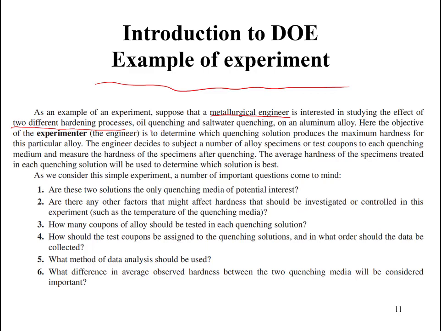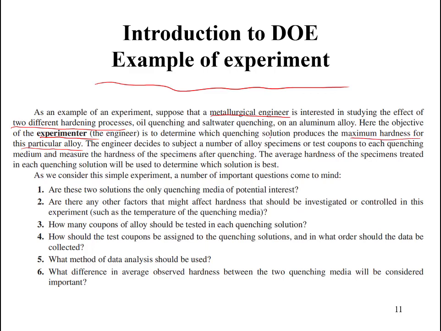If you know about metallurgy engineering, you know that hardening is a process usually used in this field of study. These two methods are oil quenching and saltwater quenching on an aluminum alloy. Here the objective of the experimenter, as we call the engineer here, is to determine which quenching solution produces the maximum hardness for this particular alloy.